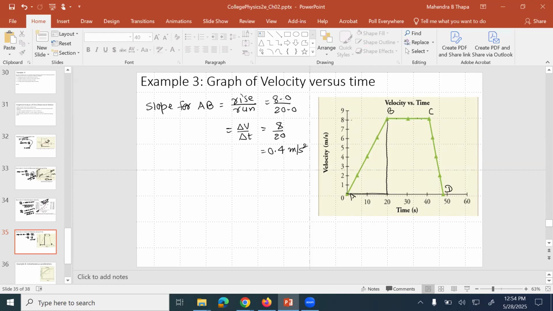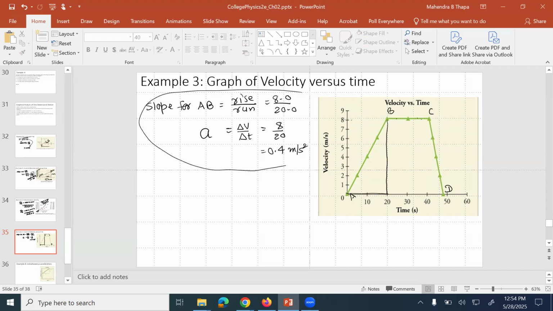So the slope here gives you the acceleration for straight line AB. You can see here the slope of a straight line gives you the acceleration for this section.